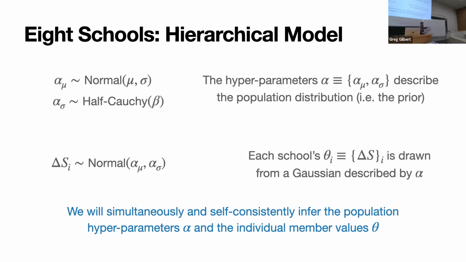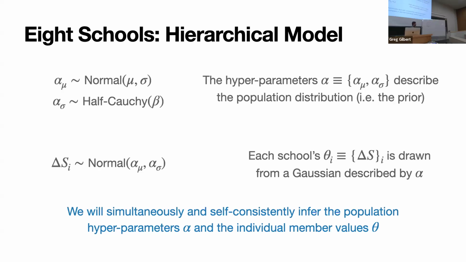And each of these are themselves not actually going to be just point estimates. Each of these are themselves going to be some distribution that has a spread. I see a lot of nodding heads. Any questions? Okay.